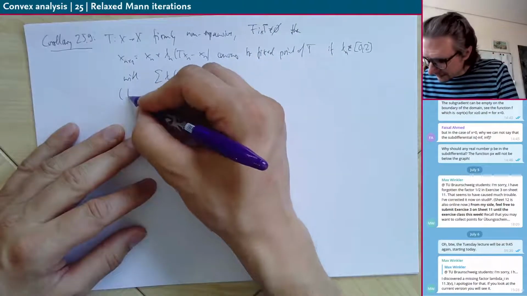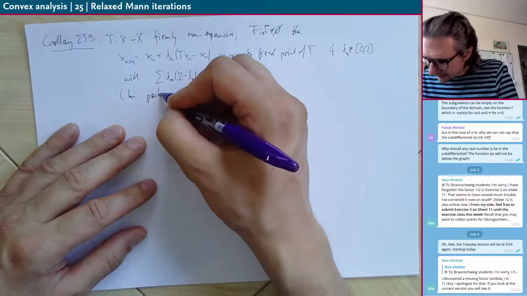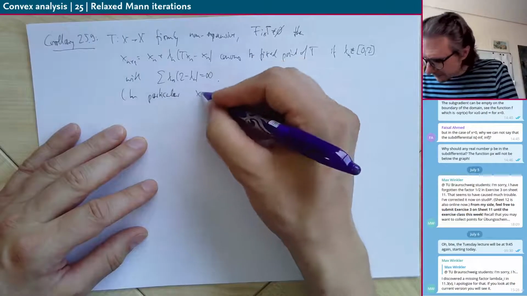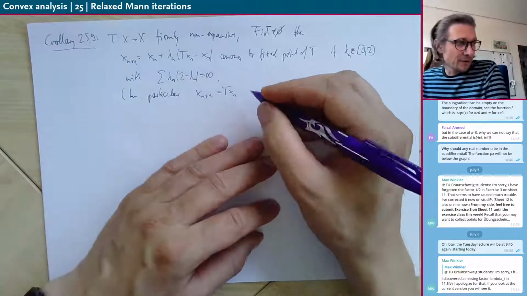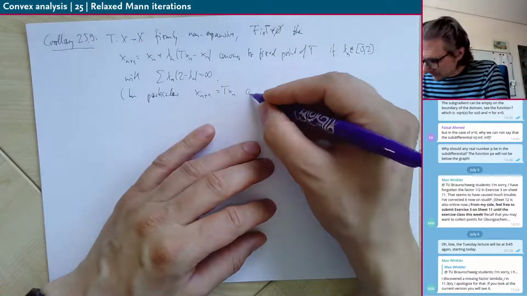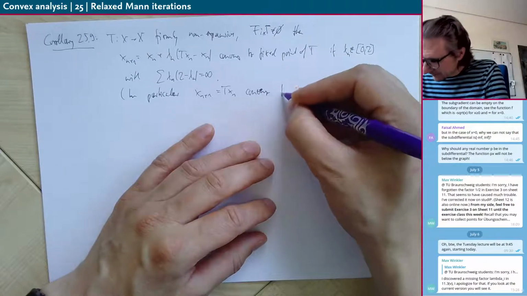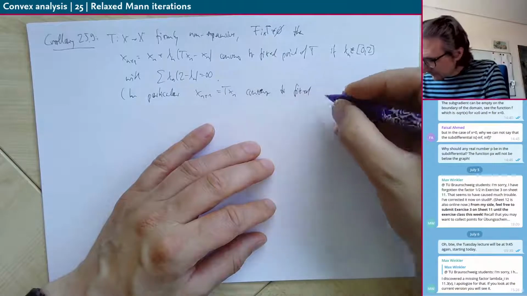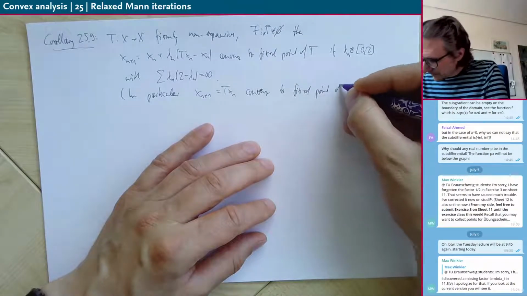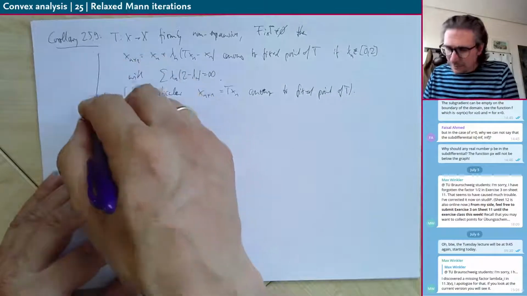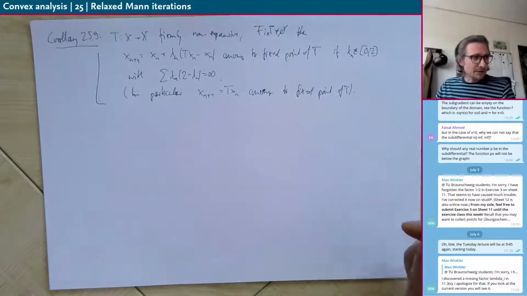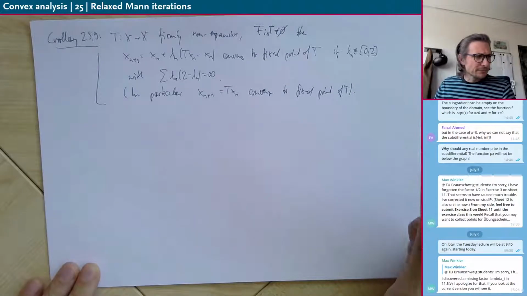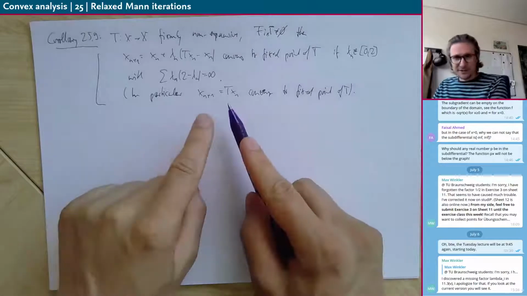And then in particular, the simple Mann iteration, unrelaxed, converges. So firm non-expansiveness is enough to prove convergence of the simple fixed point iteration.